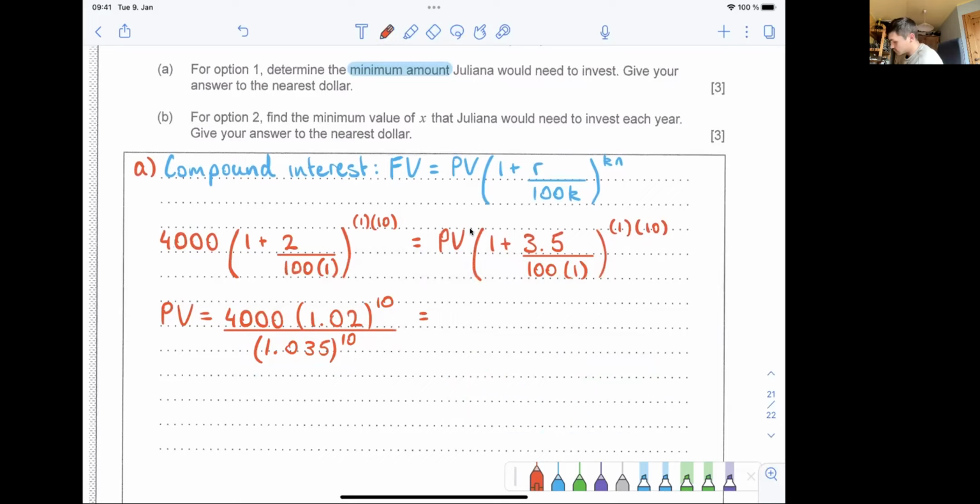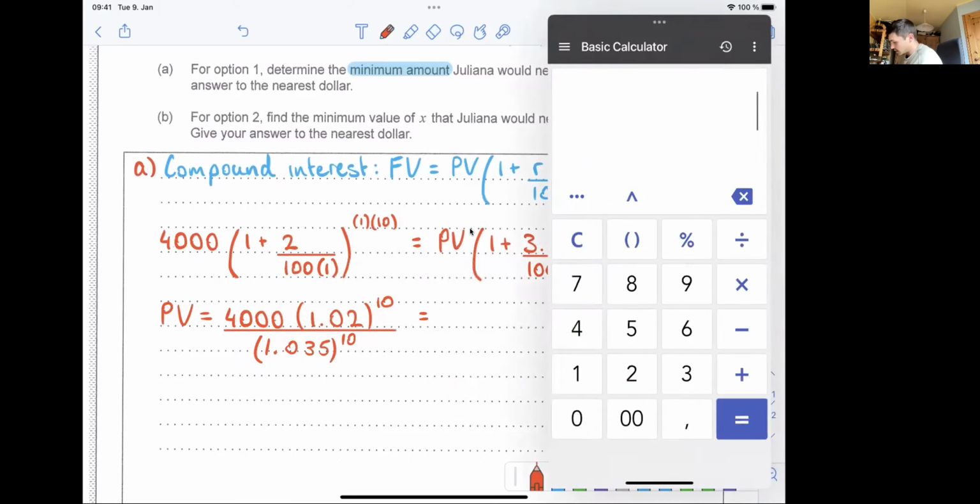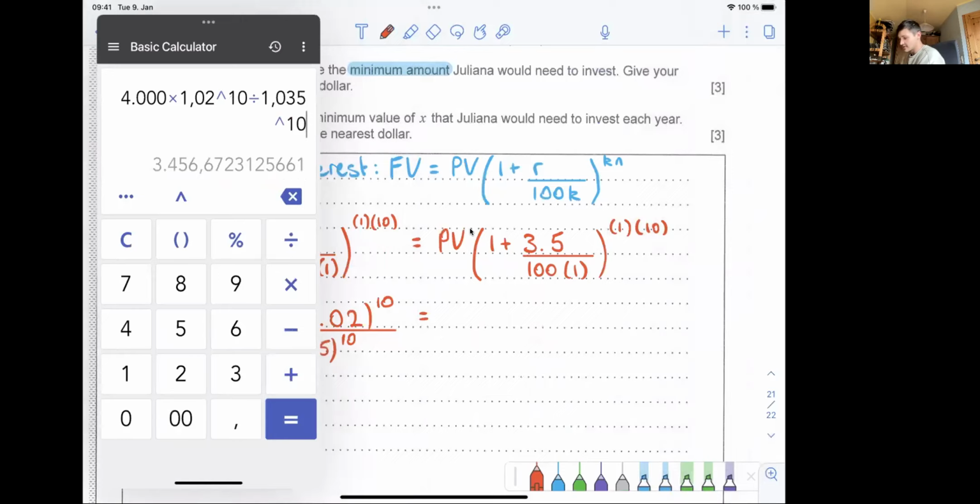And so if we put this into our calculator, we will get 4,000 times 1.02 to the power of 10 divided by 1.035 to the power of 10, which gives us an answer of $3,456 and 67 cents, let's say.